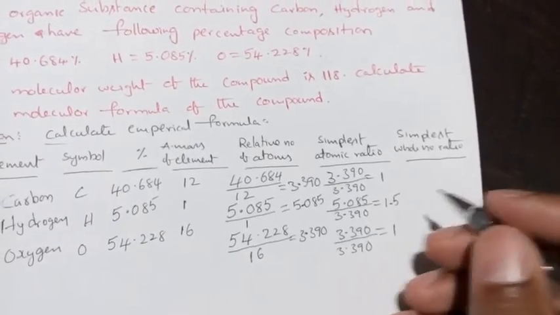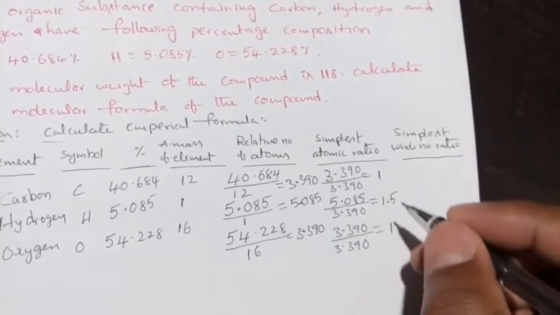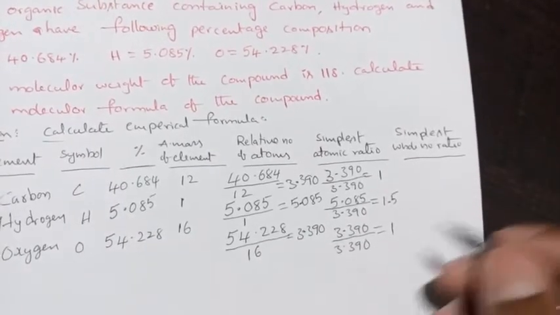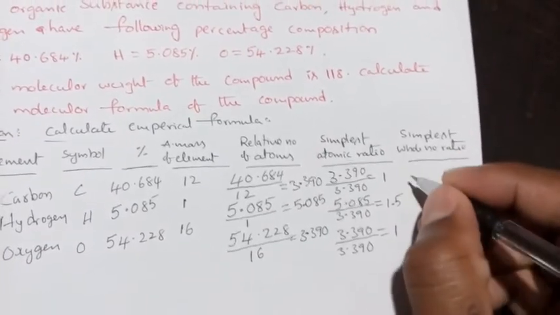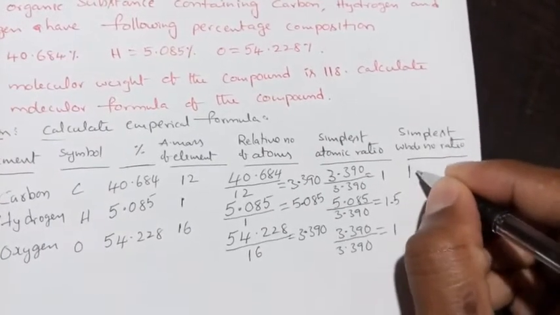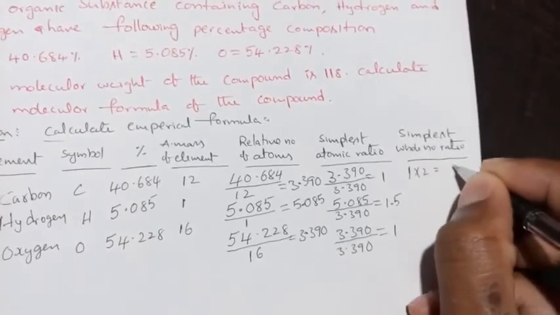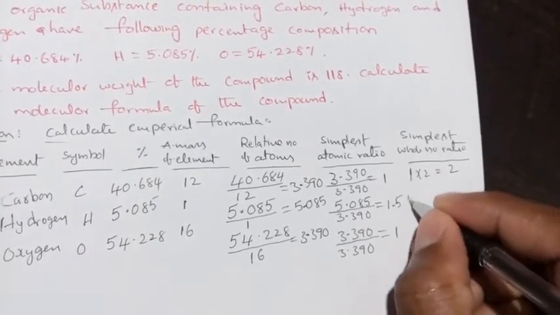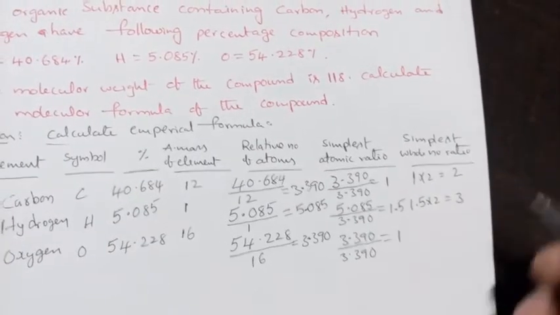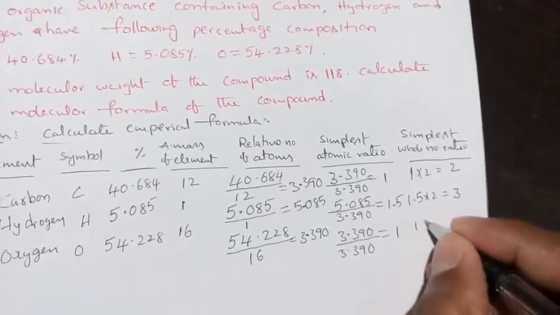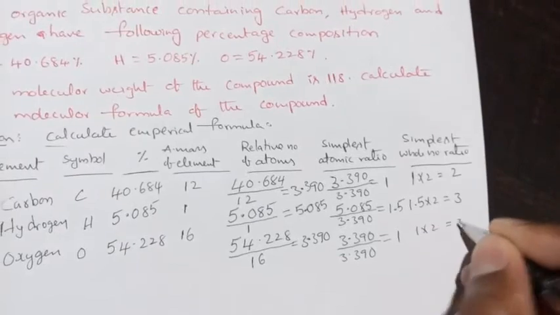So to get the simplest whole number ratio, we have to multiply all the simplest atomic ratios with a suitable integer. If you multiply all of them by 2, 1 into 2 will give 2, 1.5 into 2 will give 3, and 1 into 2 will give 2.